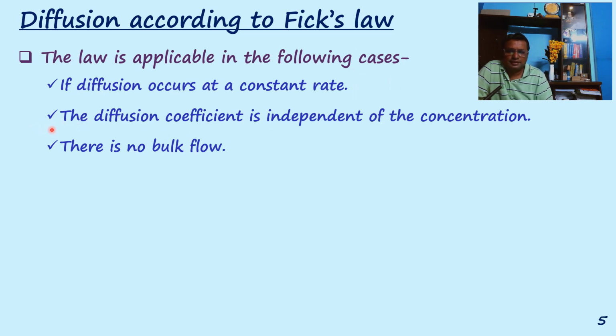Then the second requirement is diffusion coefficient is independent of the concentration, and there is no bulk flow. So if there is bulk flow, then rate will not be directly proportional to concentration gradient. You will not be able to correlate it in a perfect way if there is bulk flow. So for Fick's law to be applicable, there should be no bulk flow through the solid.